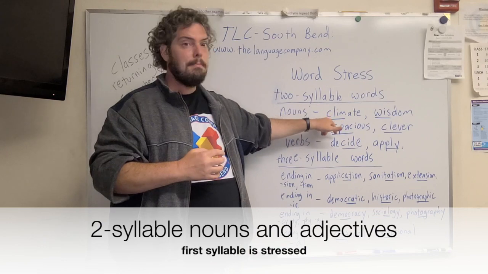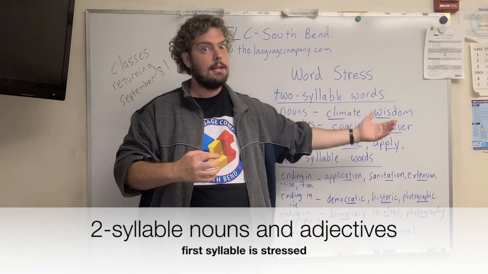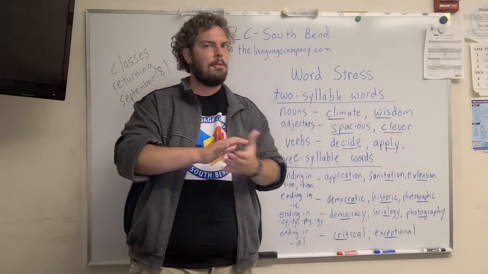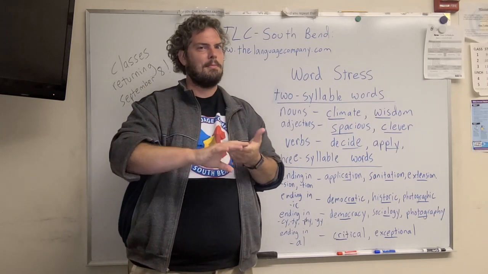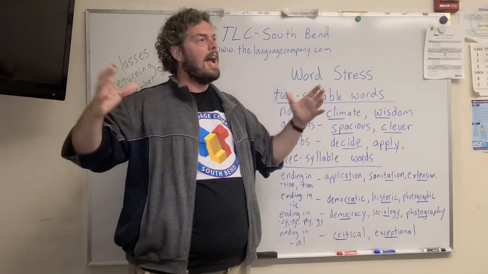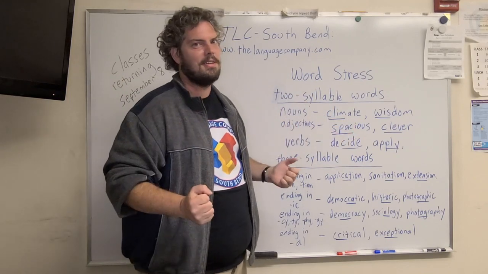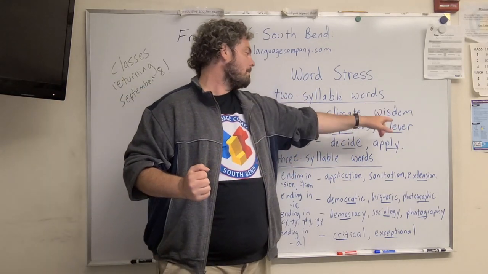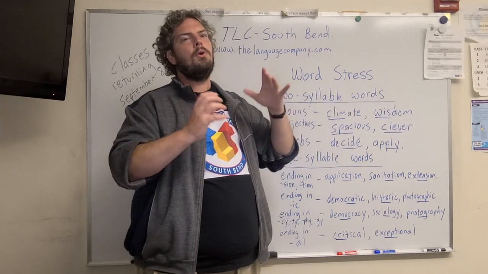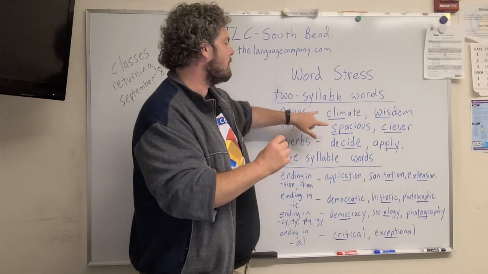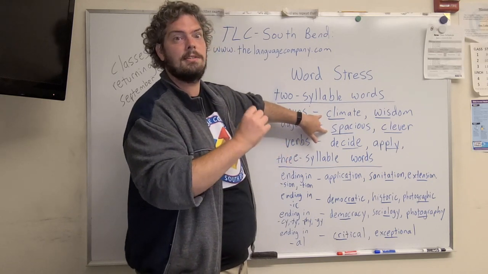Like climate, not climate, but climate. South Bend has a great climate. We have fall, spring, summer, winter, very different seasons, and a wonderful climate you should come visit. Wisdom, spacious, clever. Most nouns and adjectives, you're going to pronounce the first syllable.